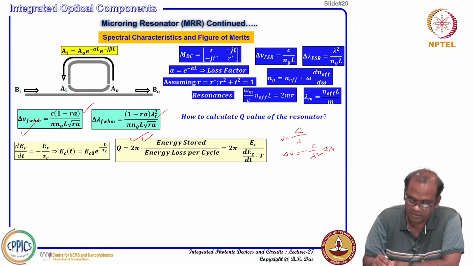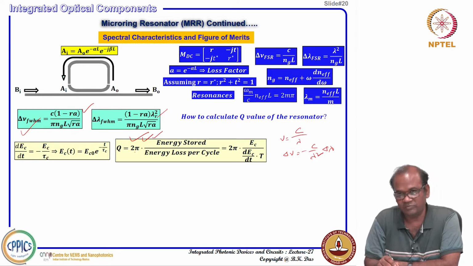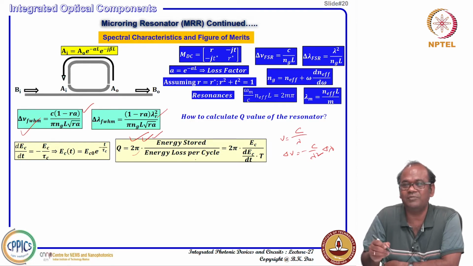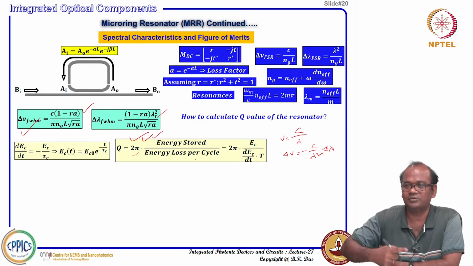And the Q value, as I mentioned, is defined by 2 pi times, which is just a scaling factor we use. Ultimately, this ratio matters: energy stored by energy lost per cycle. Per cycle means at the resonance frequency, the time period, how much time it takes to oscillate.